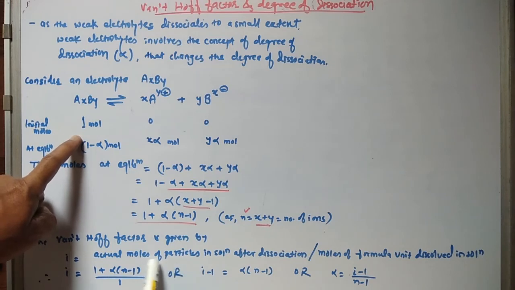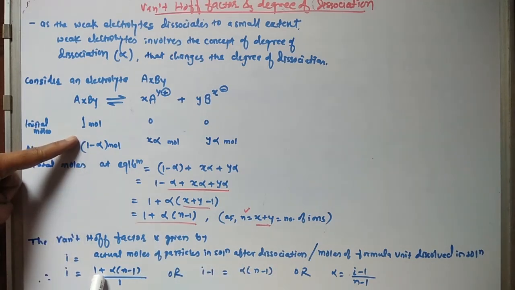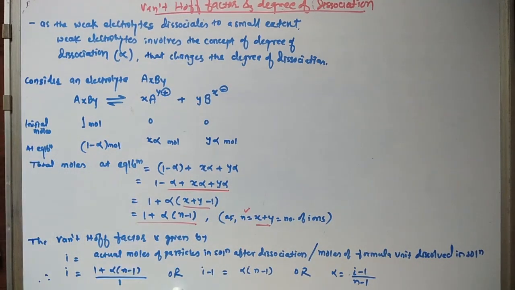So the total number of moles after dissociation is 1 plus alpha in bracket n minus 1, and the moles of formula units is 1. So this equation, taking this 1 to the left side: i minus 1 is equal to alpha in bracket n minus 1.